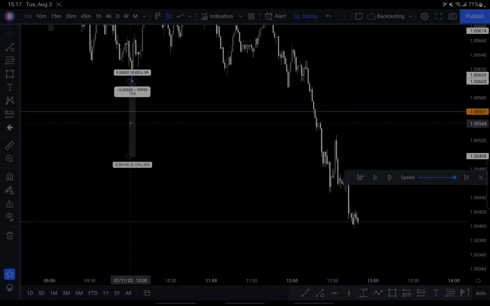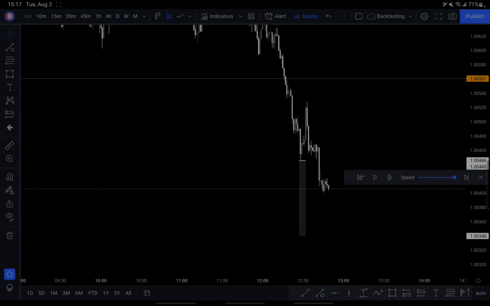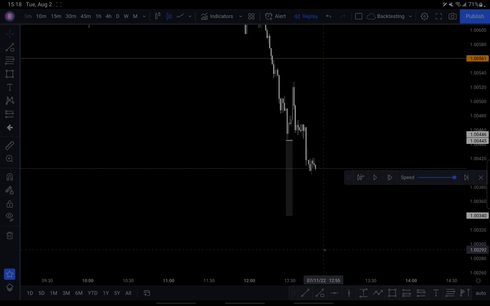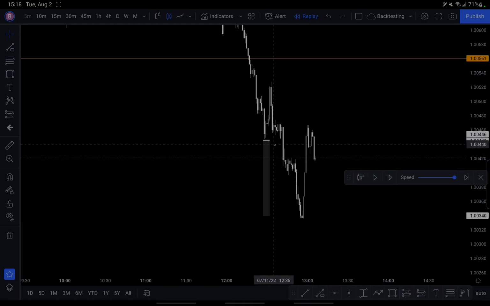Okay, price creating new lows. I'll move my stop loss here. And then just letting price play out. Okay, got stopped out here.